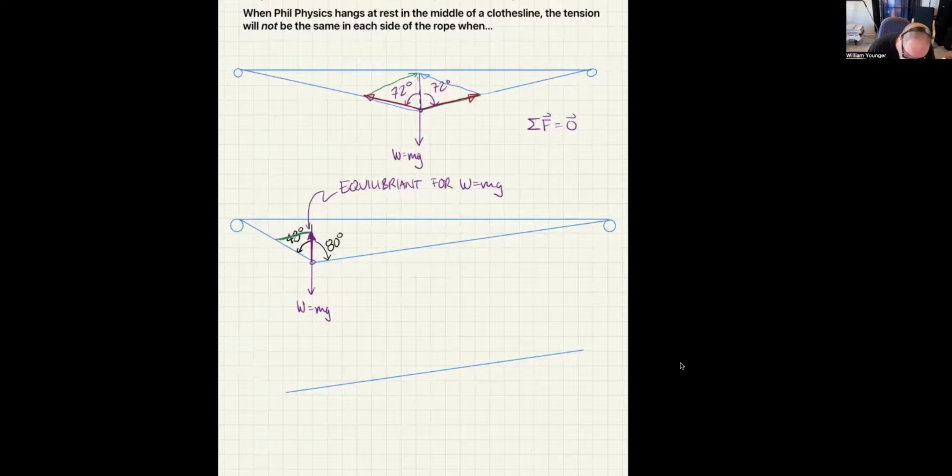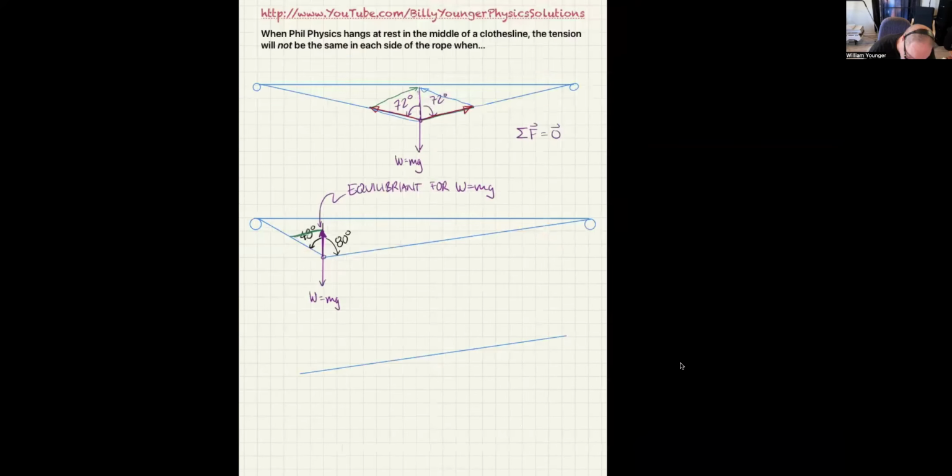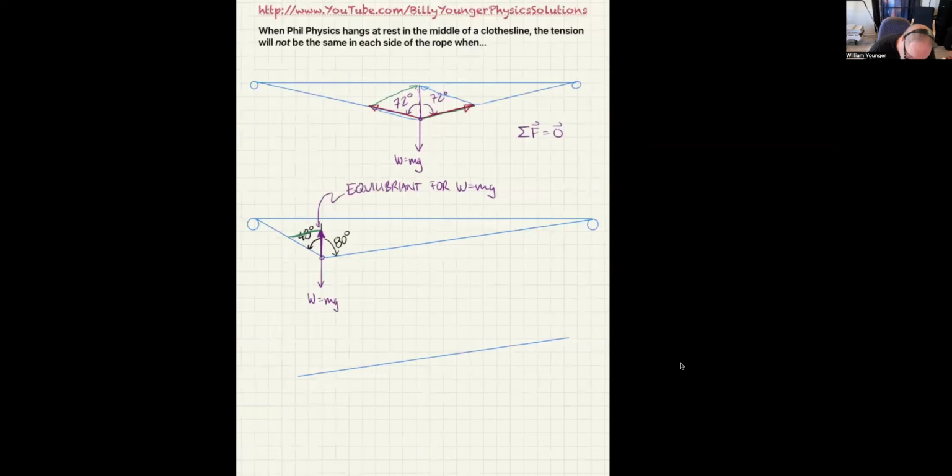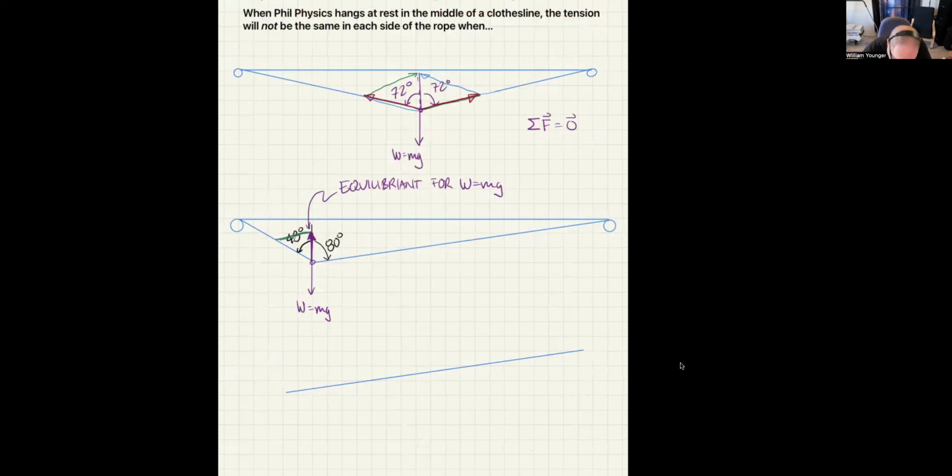Parallel to this rope, and I'm trying to click on it to make it come up, but it's not doing it. So I'm just going to wing it again, and using my green marker, I'm going to try to draw a line parallel to the tension on the left. And that looks pretty good.